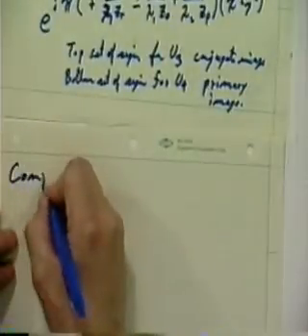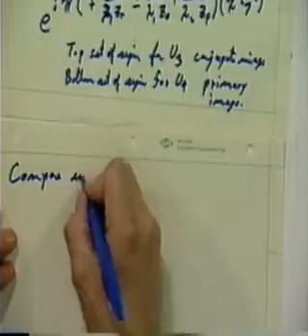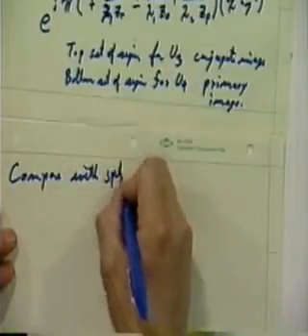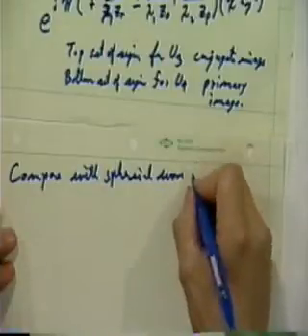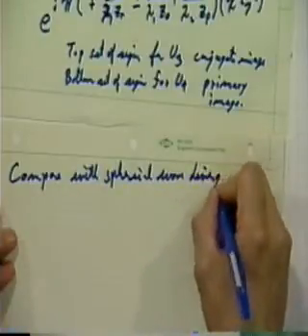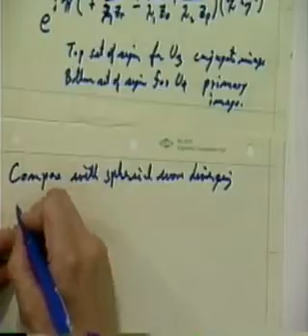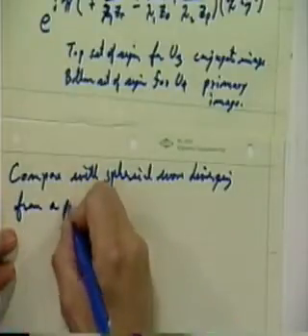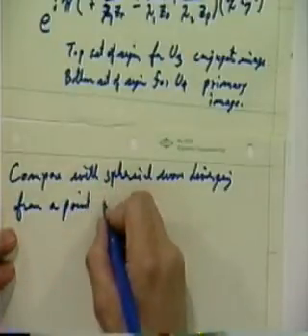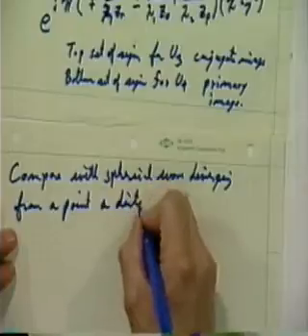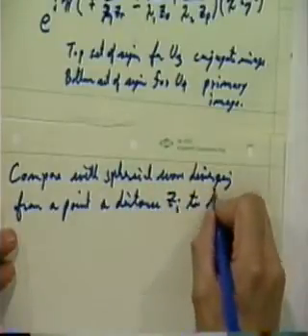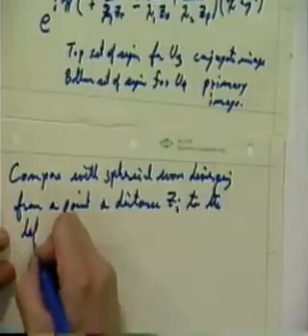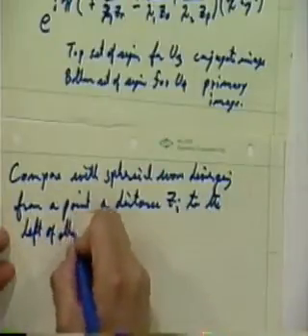Compare with spherical wave diverging from a point, a distance z sub I to the left of the hologram.